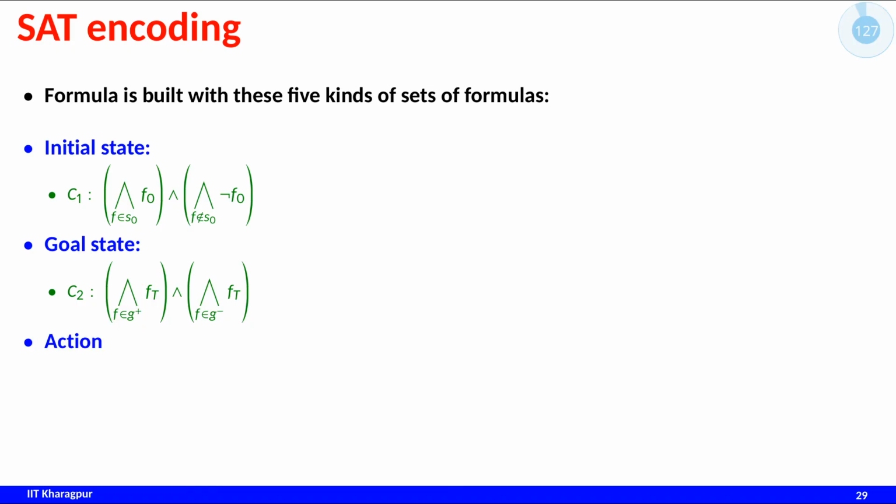Then the action. To represent this action, we know that there will be some precondition. If it's true, then we can actually apply the action and it results in some kinds of effects. So when we apply some action a i, the effects that we'll be observing are at the i plus 1th step, right? And some condition needs to be true to apply certain actions, so some preconditions have to be true.